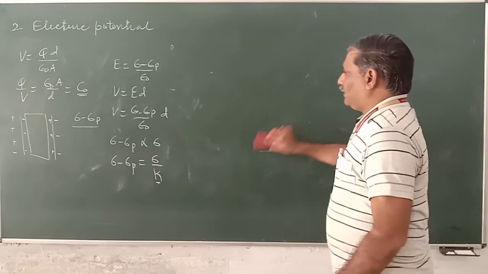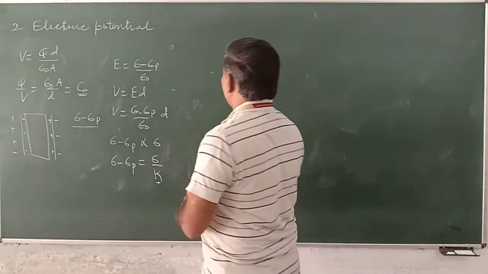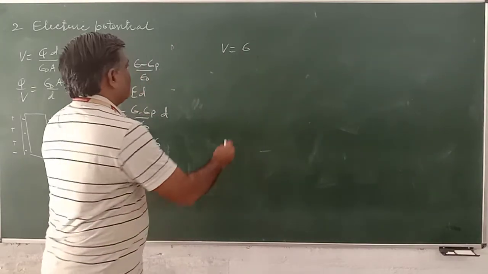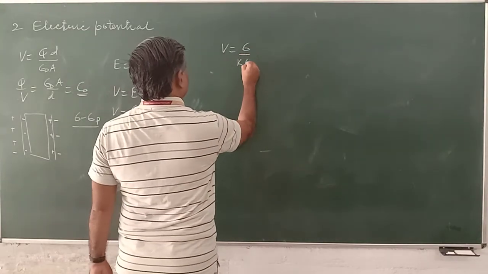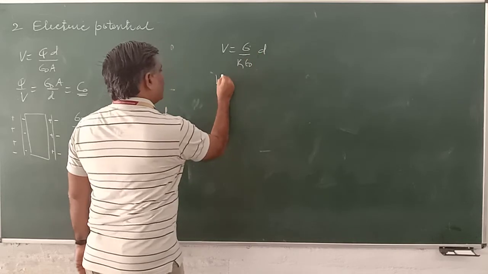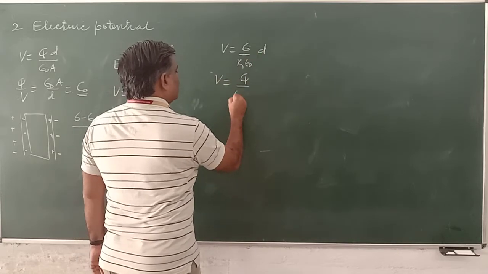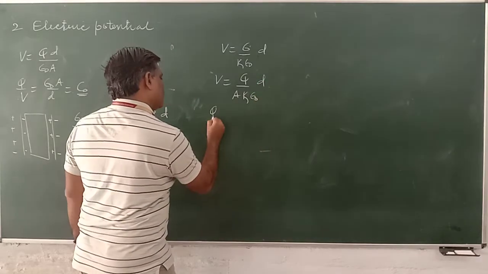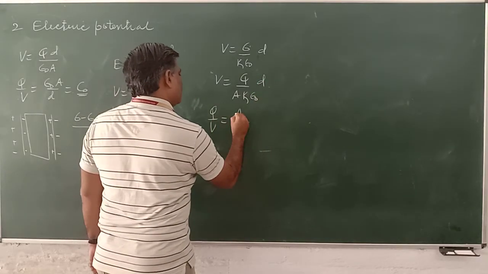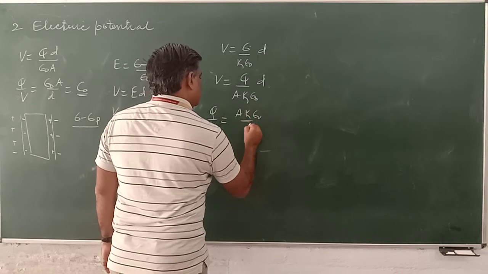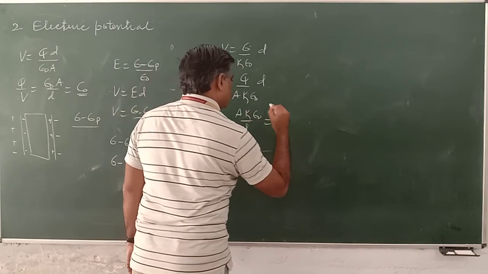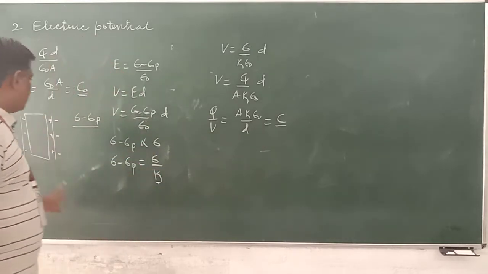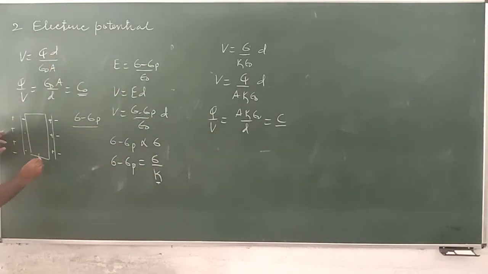So we get V is equal to sigma divided by K epsilon 0, into D. Again this we can write as Q D divided by A K epsilon 0, and from this Q by V is equal to A K epsilon 0 by D. This is nothing but the capacitance after introducing the dielectric slab.